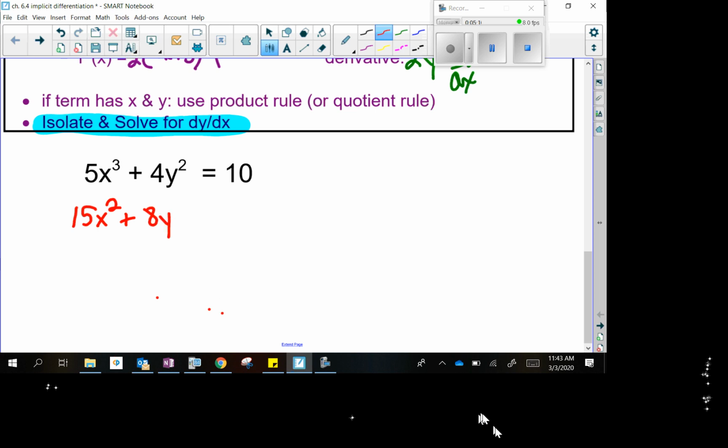Then I have to denote the derivative of the y, so I say dy/dx, equals the derivative of 10, which would be what? 0. That's step 1. Step 2 now is what I highlighted right here. Now we want to get the dy/dx by itself. That becomes our answer.